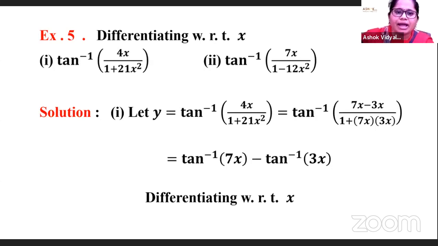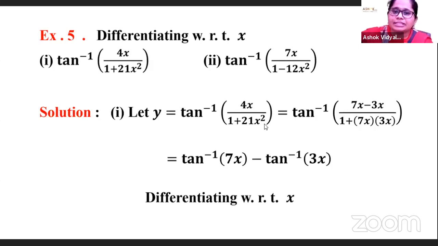Let this be y. y is equal to tan inverse of 4x upon 1 plus 21x square, and see properly here, we express this bracket in the form of alpha minus beta upon 1 plus alpha into beta. This is the formula for tan inverse of alpha minus beta upon 1 plus alpha into beta, which is equal to tan inverse of alpha minus tan inverse of beta.